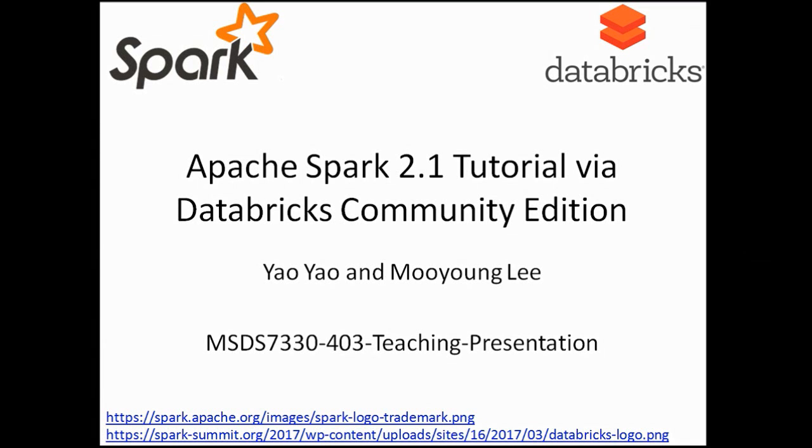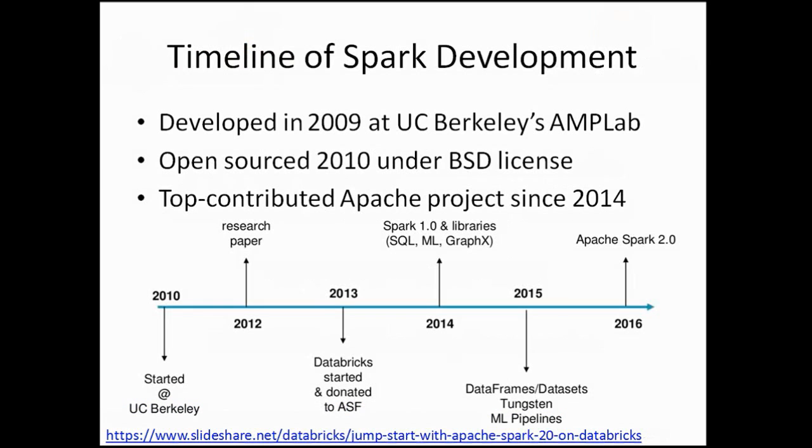Our tutorial project is about Apache Spark on Databricks Community Edition online. The timeline of Apache Spark development was that it was developed in 2009 at UC Berkeley's AMP Lab. It was open sourced in 2010 under a BSD license.